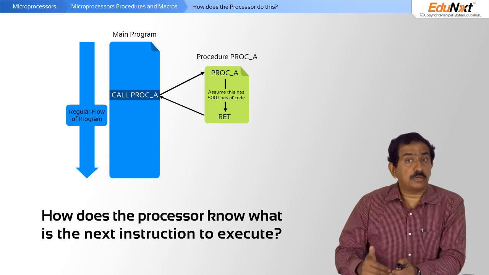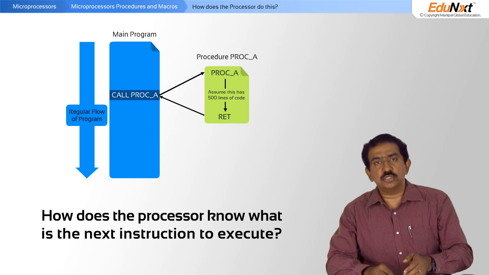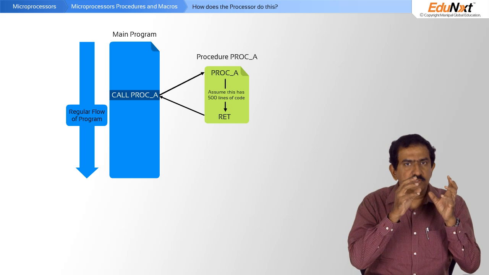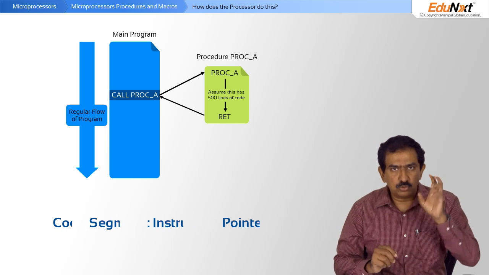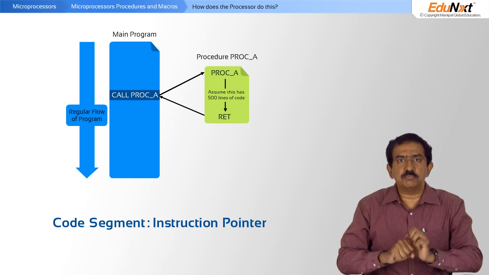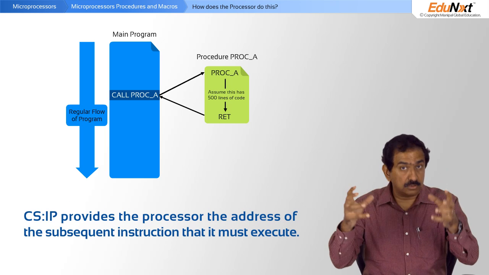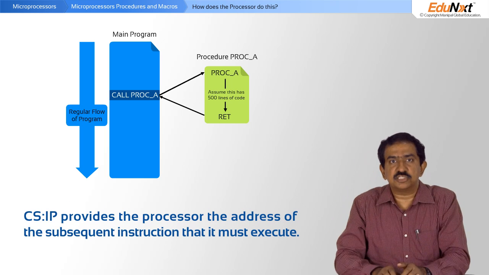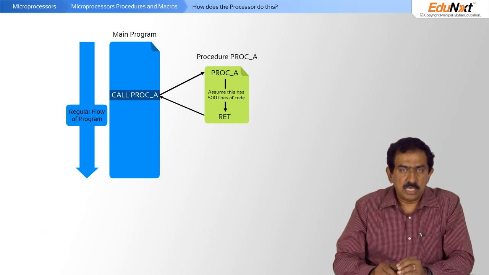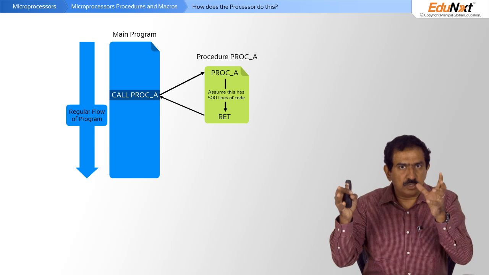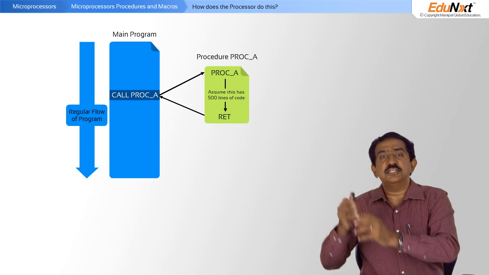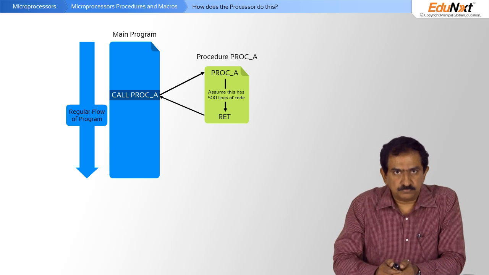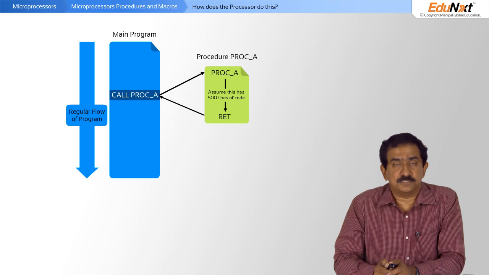So how does the processor know what is the next instruction to execute? It is a combination of CS:IP, code segment colon instruction pointer, that gives the processor the address of the next instruction that it must execute. So if you are able to change CS:IP, the processor automatically jumps to wherever you want it to. And that's what this call procedure does.